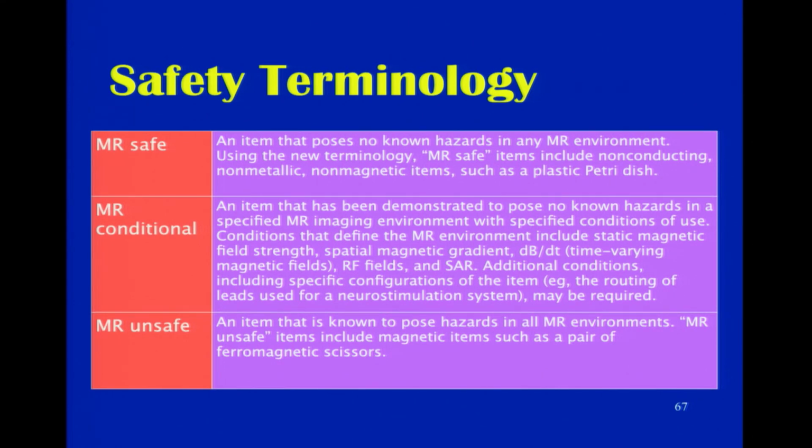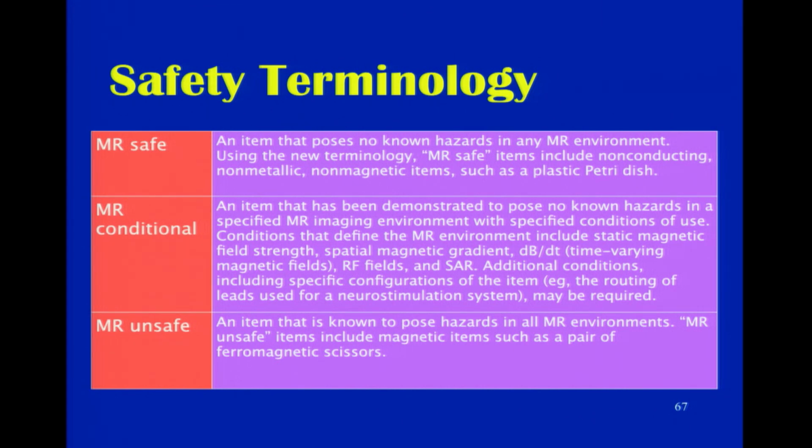So this is something you cannot take into the MRI scanner. Now, very few things are considered MRI safe now, because MRI safe is something that poses no known hazard in any MRI environment at all. So what would be MRI safe would be like a Petri dish, something that has no metallic components, or no magnetic items within it at all.